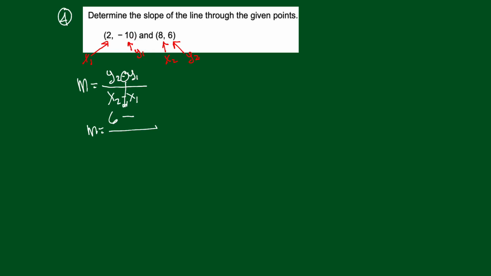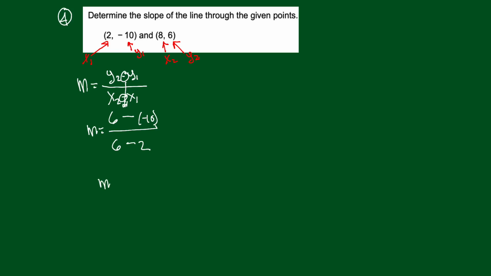And the first y is -10. Over the second x, which is a 6, minus the first x. Now the first x is a 2. So let's put in the 2.